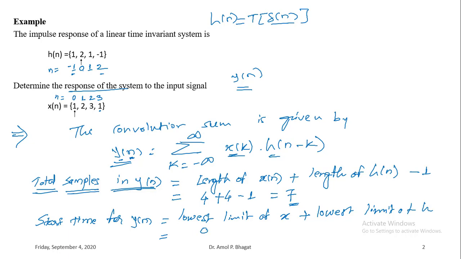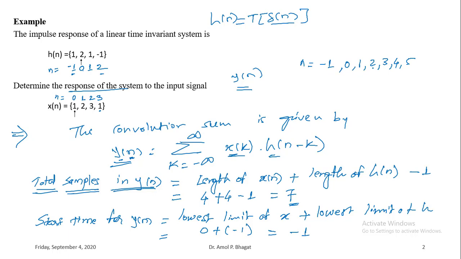So 0 plus minus 1 is simply minus 1. The sequence y of n will start from n equals minus 1. As there are a total of 7 samples, the values of n in y of n will be minus 1, then 0, then 1, then 2, then 3, then 4, then 5.